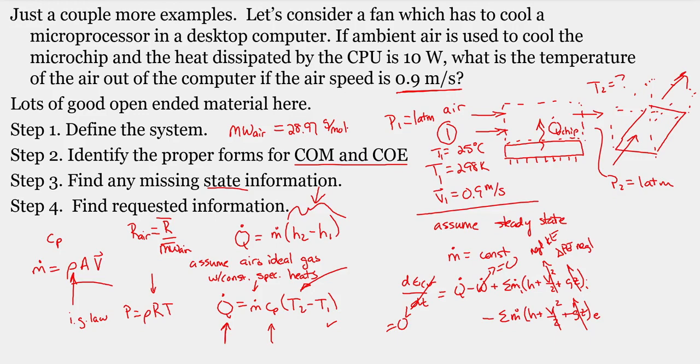And then if you're really feeling gung-ho, I want you to make an approximation about the flow area that would be appropriate for a CPU device, and evaluate the mass flow rate for the system. And we'll see how close your numbers come to the numbers I calculated next time. Thank you.